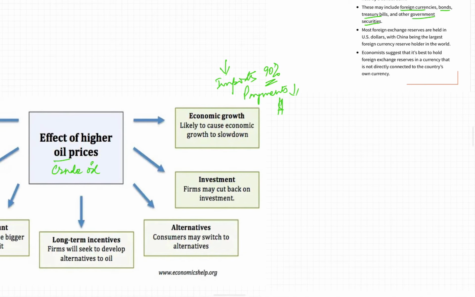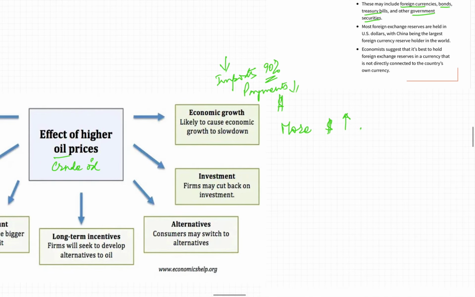Put it simply, more dollars going out of the country means the dollar needs to be backed by rupees, right? If more dollars are going, what does it mean? You need to have more rupees, right?